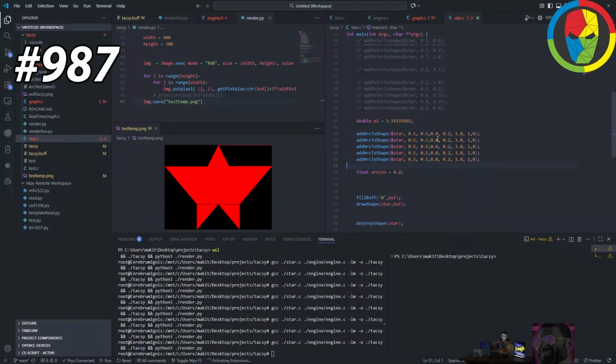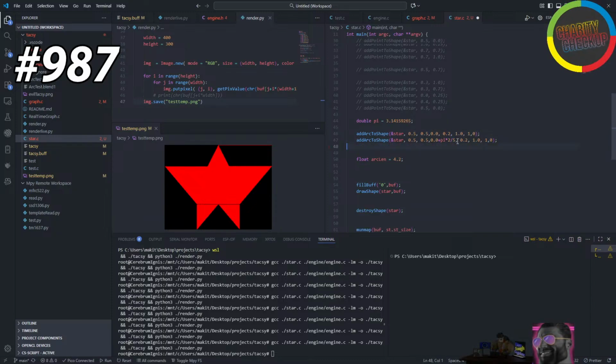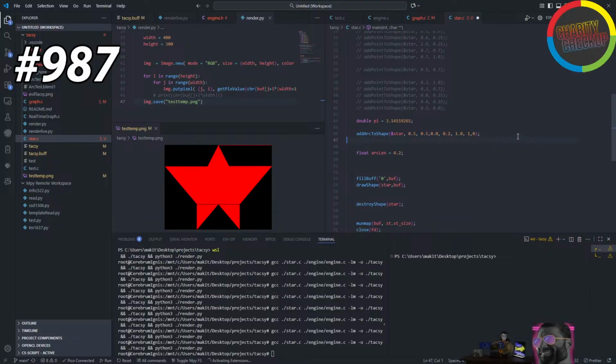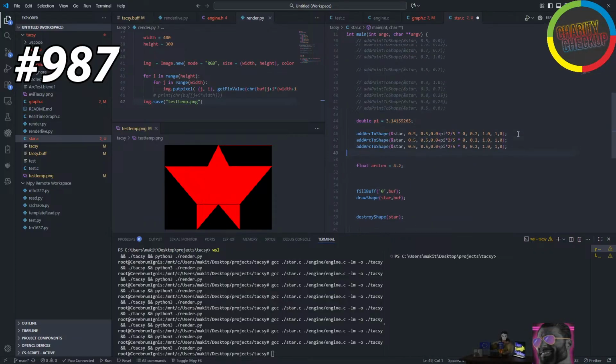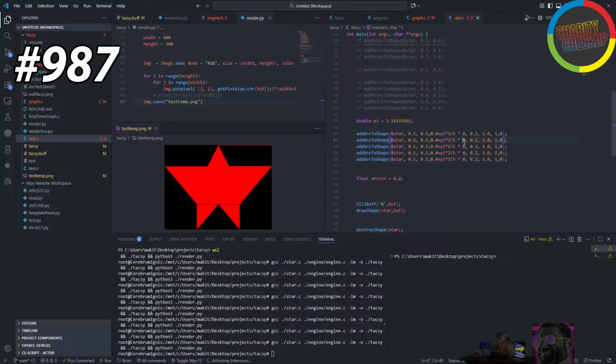Like this. So we do face 0, then plus i times 2 divided by 5, times 0, 1, 2, 3, 4.